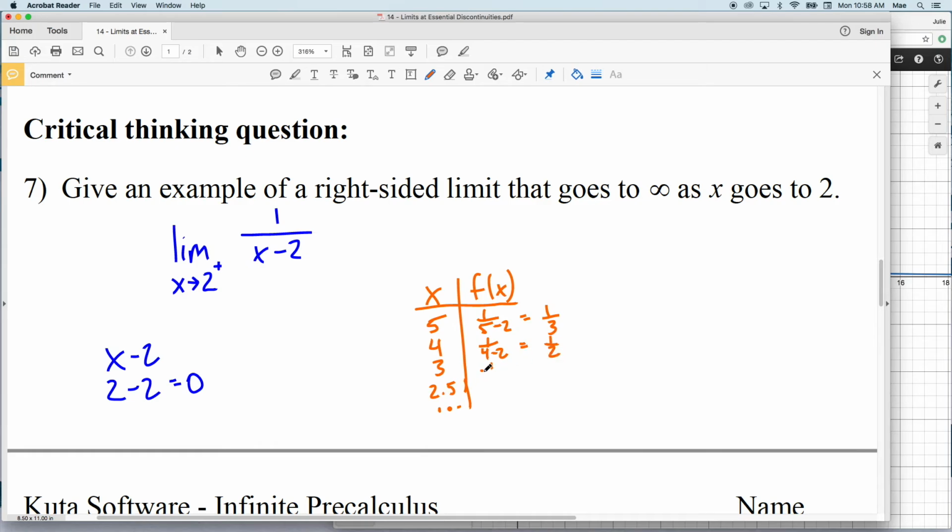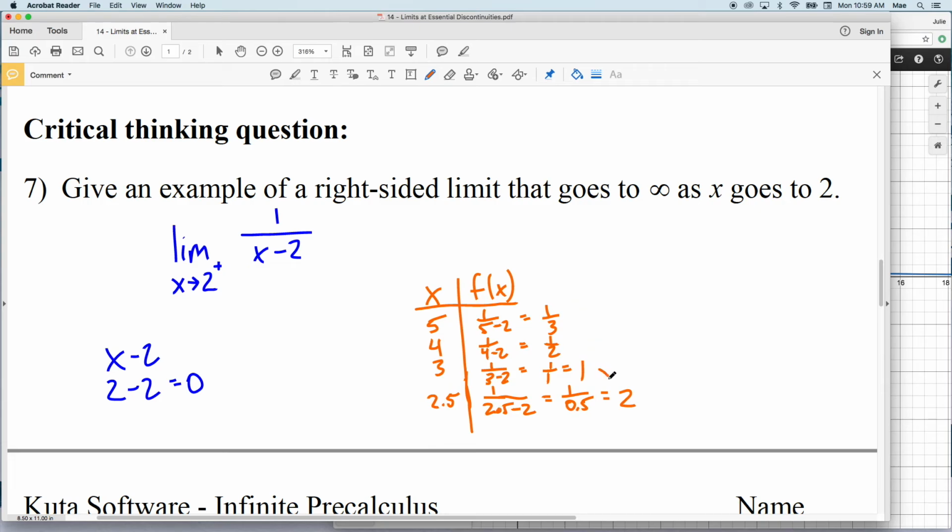Plugging in 3, we'll have 1 over 3 minus 2, which is 1 over 1, or simply the whole number 1. Plugging in 2.5, we'll have 1 over 2.5 minus 2, which equals 1 over 0.5, or 1/2, and 1 over 1/2 is going to be 1 times 2 over 1, which is 2.